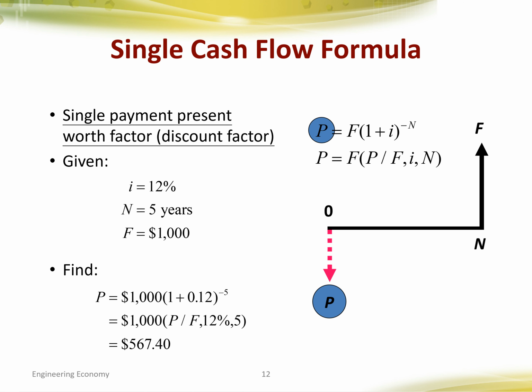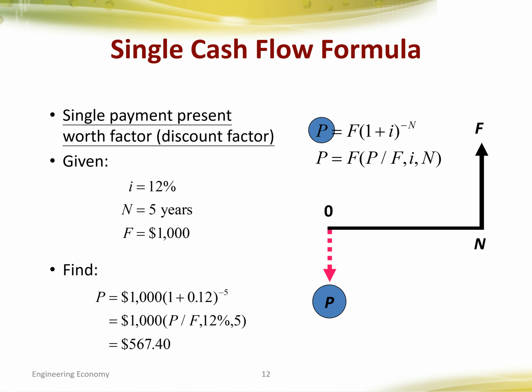So we look at the example, assuming that we are looking at interest rate 12% and time period 5 years, and we have a future value of 1,000. We are trying to find its current value, its present value. So we can take the future value 1,000 times 1 plus 12% to the minus 5 power, and if we compute the coefficient, then we can get a certain value.